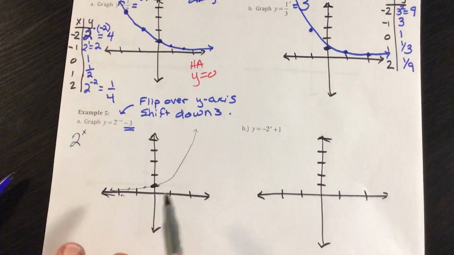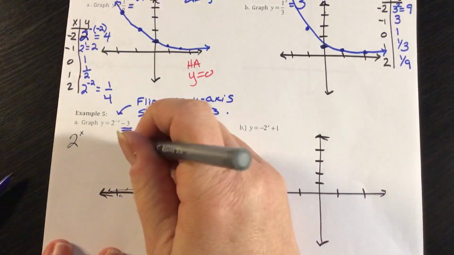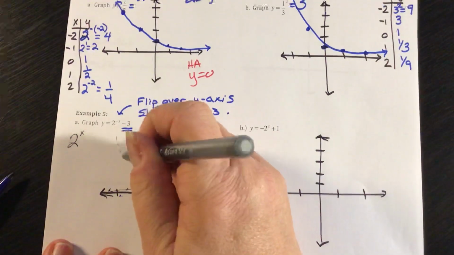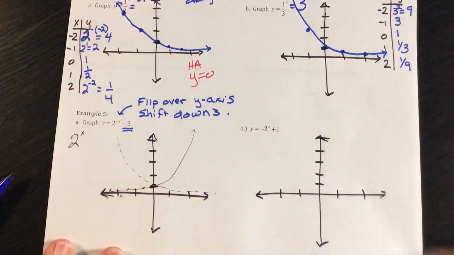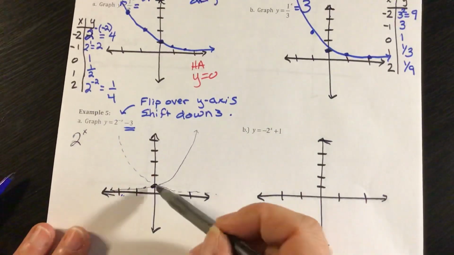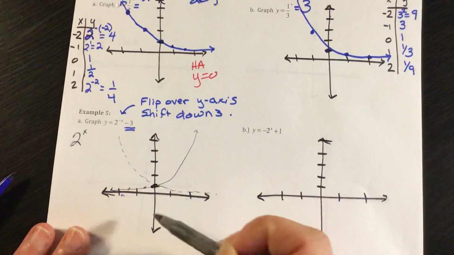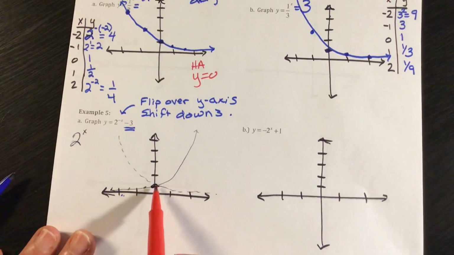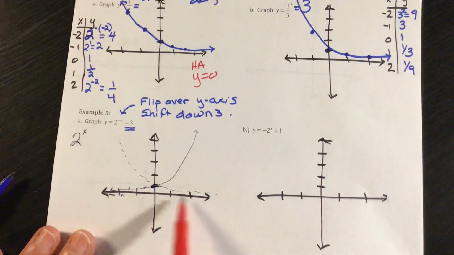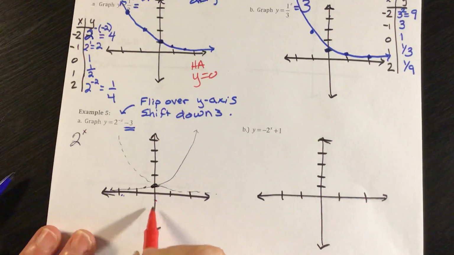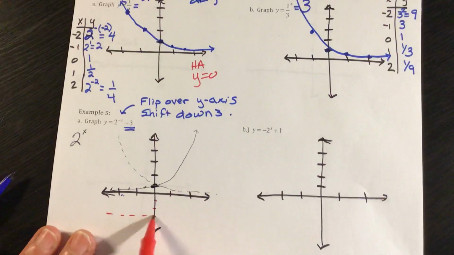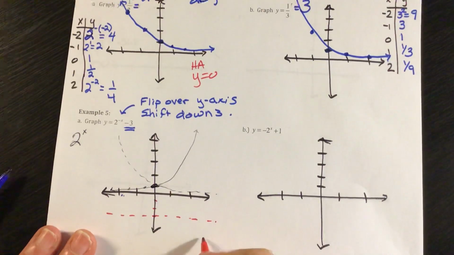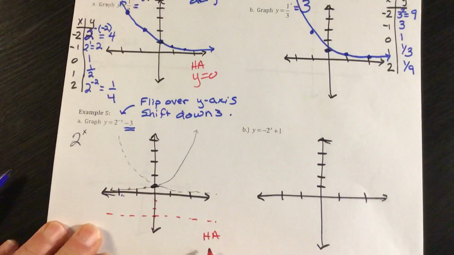So I know that if I put in the -x, it's going to look something like this, and then I need to shift this down 3 units. So my horizontal asymptote isn't going to be the x-axis anymore. It's going to go down 3 units, and here's my new horizontal asymptote, and that's going to happen at y is -3.